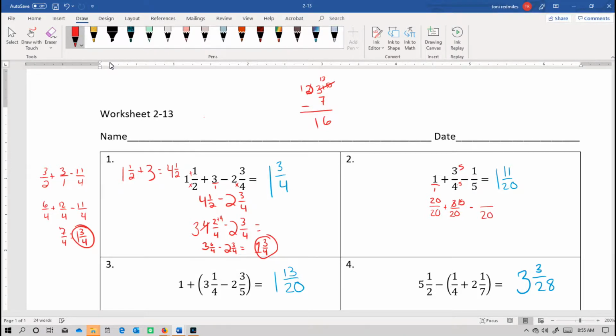And this one I have to times by 4s, so it's going to make a 4 over 20. 20 plus 15 is 35. And 35 minus 4 is 31. 20 could go into 31 one time with 11 left over.